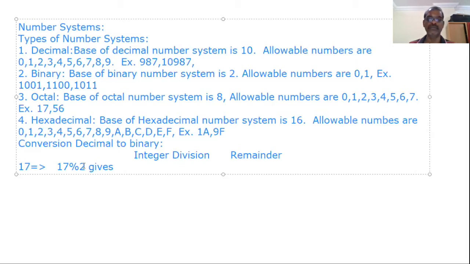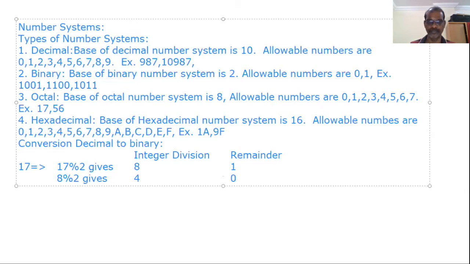17 modulus 2, we get 1 here. So 16 is there, and the integer division gives 8. Similarly, again this integer division should be divided by 2. It gives 4, and the remainder is 0.